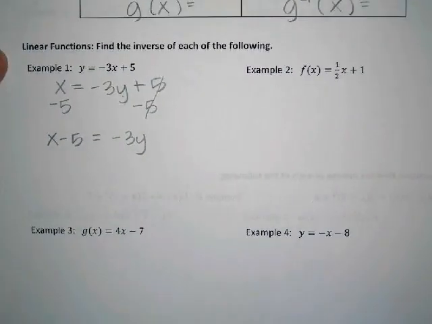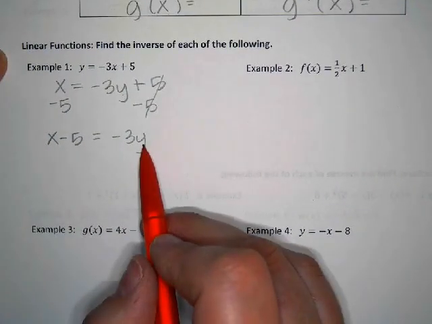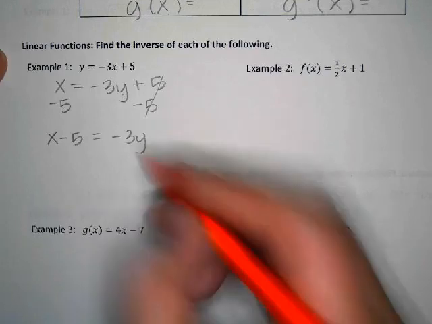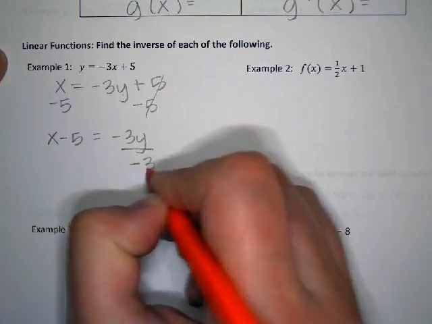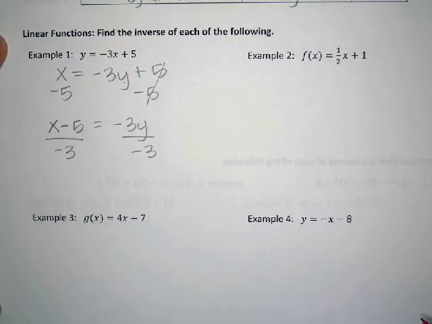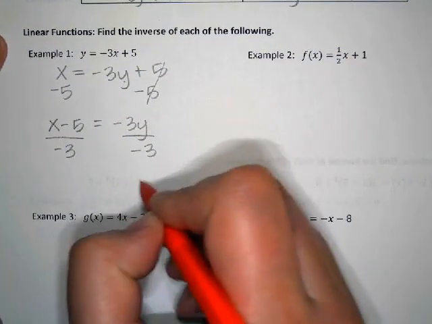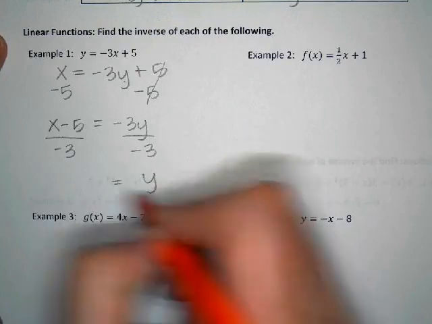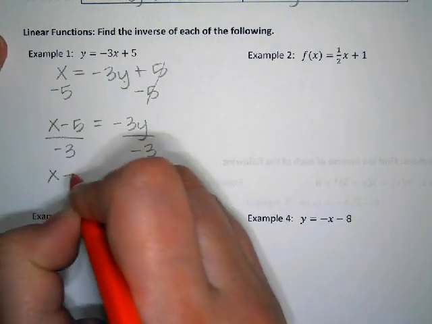And then to finish getting the y alone, I would divide by negative 3. So I end up with y equals x minus 5 over negative 3.